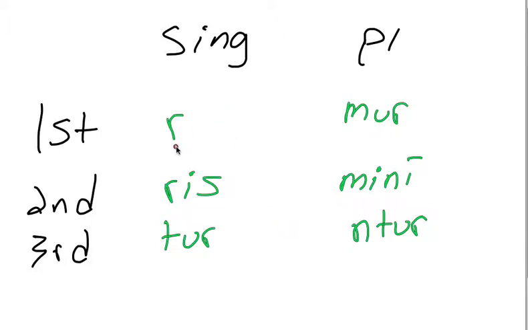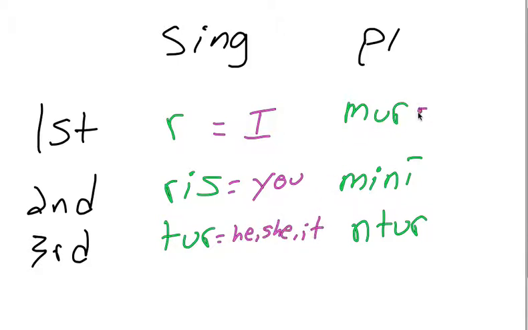These endings mean essentially the same thing that the active endings mean in terms of how you translate the pronoun. So r is I, it's first person singular. Ris is you. Tur is he, she, or it. Mur is we, mini is you all, or y'all, or yins, for those of you who live in Western Pennsylvania.